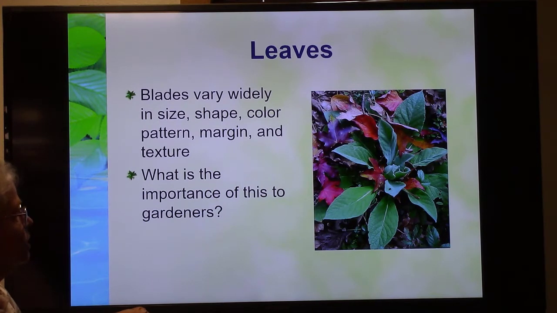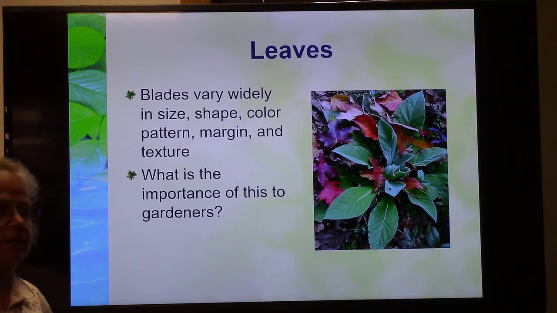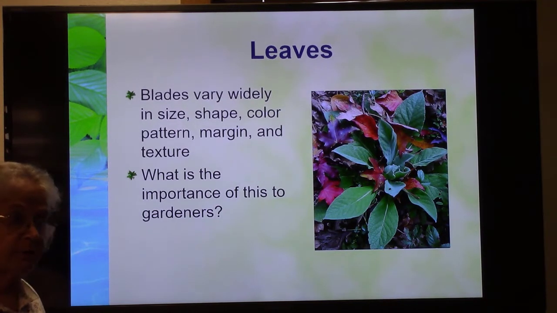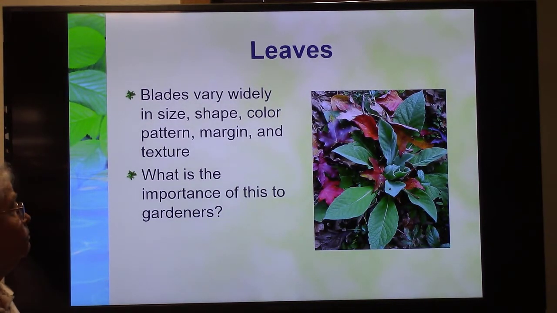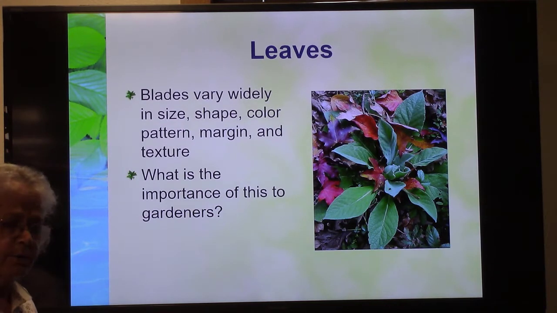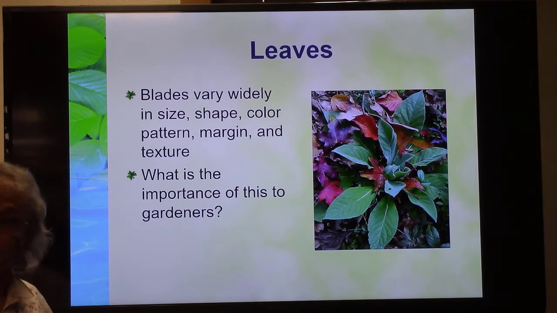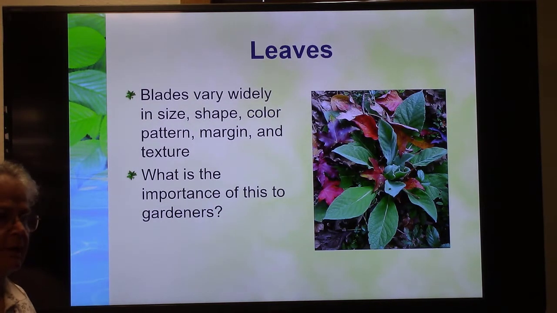And we know there are a lot of trees that are chosen because of the fall color. Because we have some trees that are not very good at that, and others that are real good at having fall color.